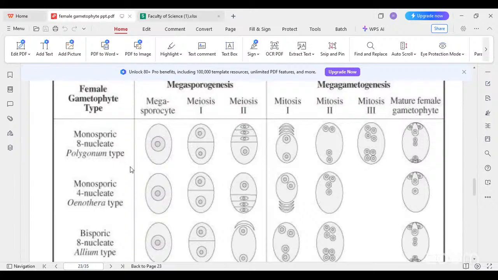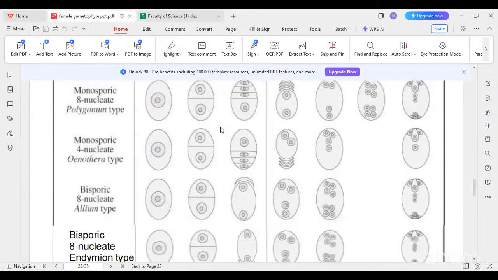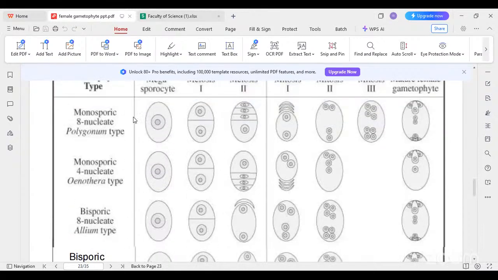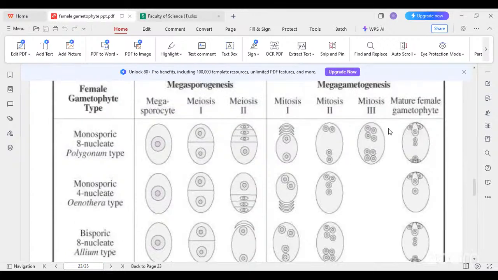Monosporic embryo sac, polygonum type, has megasporogenesis. This is the total monosporic embryo sac, polygonum type, with a final 3 plus 2 plus 3.